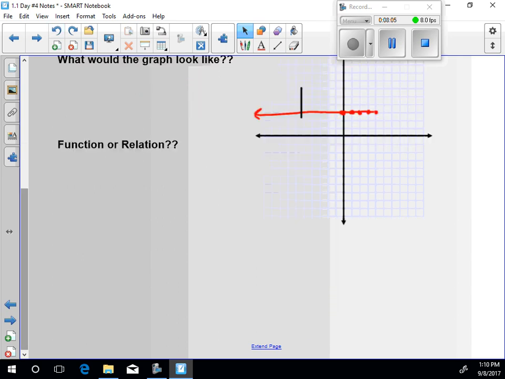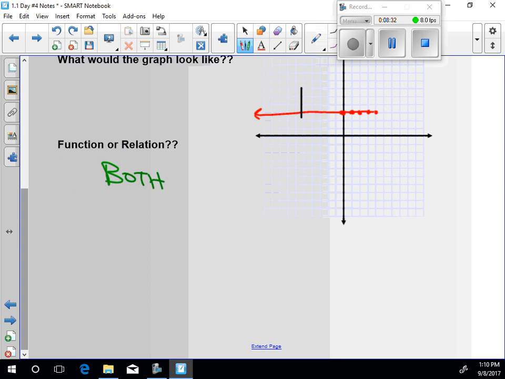Yes, it is, because all functions are also relations. So therefore, this is both a relation and a function. If I ask you if something's a relation or a function, and it's not a function, it's a relation. If you ever say it's not a relation, then you probably failed it. It's always a relation. There's always a relationship there, points mapping to other points. It's just whether or not it is a function.